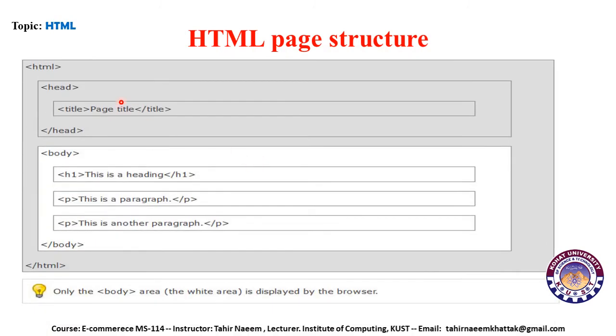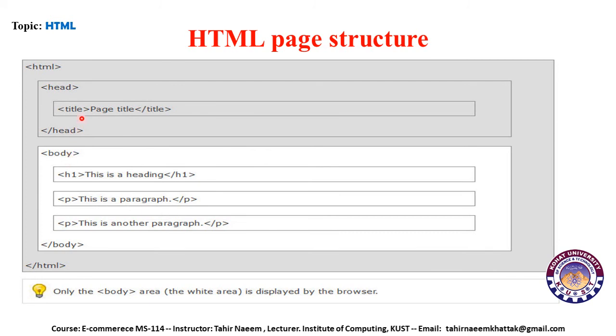HTML page structure. I am trying to give you an idea of a typical structure. First of all, this HTML starts from here and ends here, so it is covering the whole document. The head, as you can see, covers from there to there. Anything written in between is called the head. And here is the title, which spans from here to here.